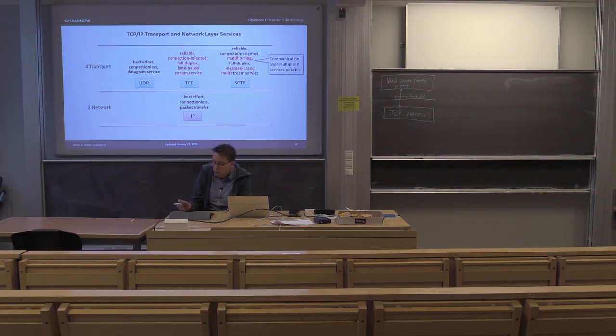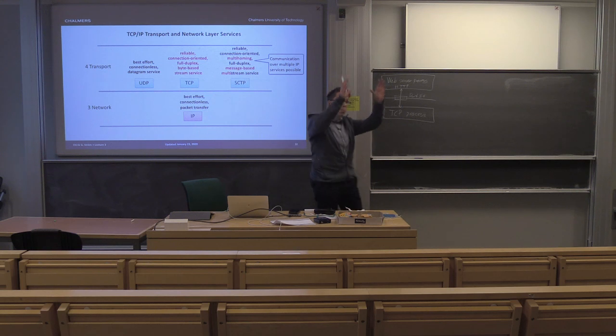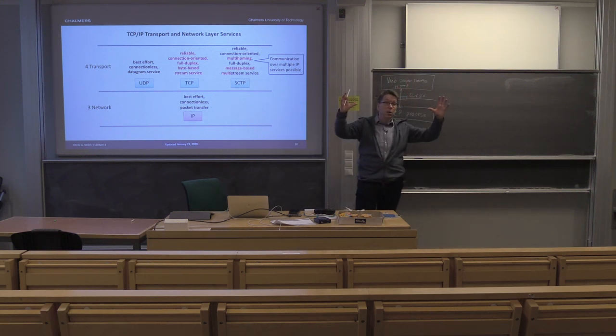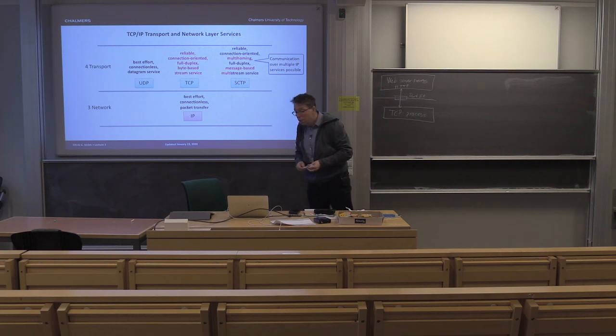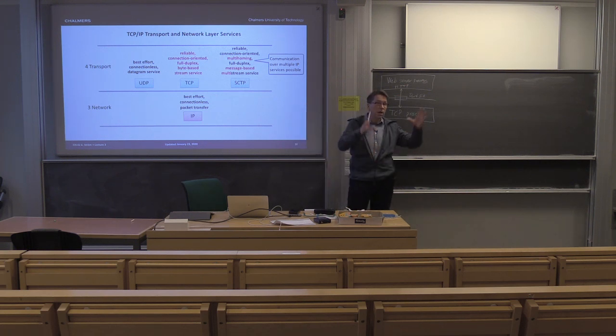So multi-homing basically means that we can use several IP layers at the same time. So that is basically we have parallel IP paths through the network, and this is good for reliability. Message-based means that instead of accepting byte by byte, I can accept a larger block of bytes. And multi-stream basically means that I can have two streams going at the same time from above.